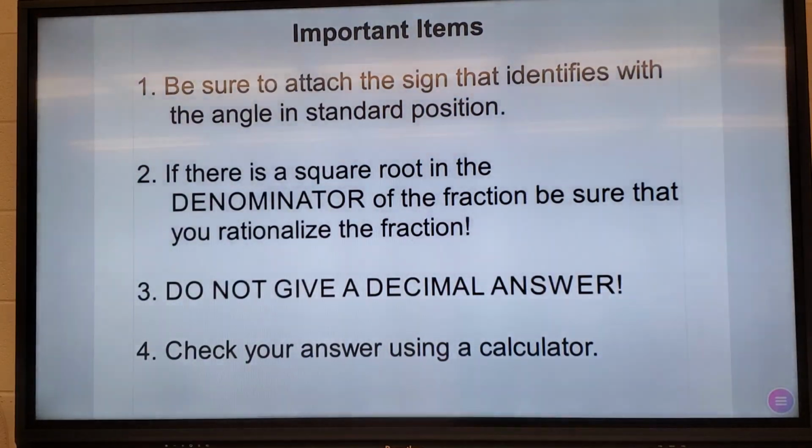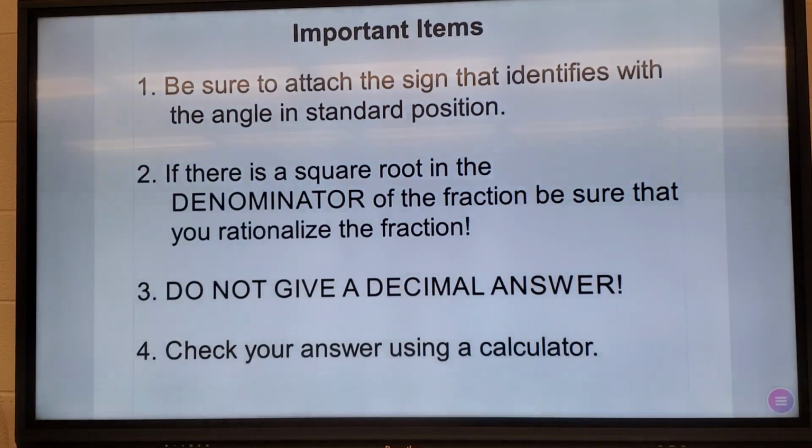The other situation is when we come up to day 4 and day 5, I actually switch from doing the regular and original trig functions to doing the reciprocal functions. So you will have to find the reciprocal of the original. So you will find them as if they were sine, cosine, tangent, and then you would take that answer and flip it so that it's cosecant, secant, and cotangent. Okay?